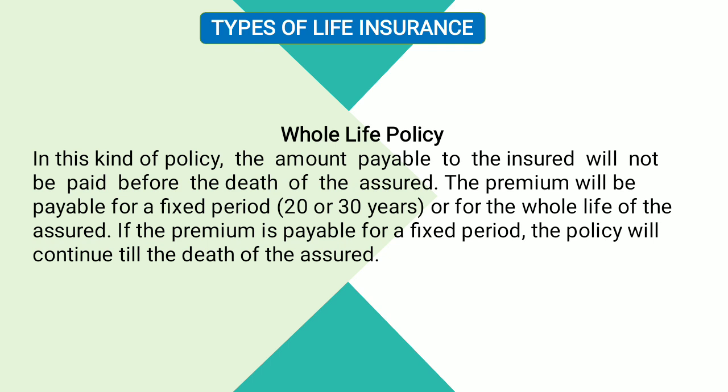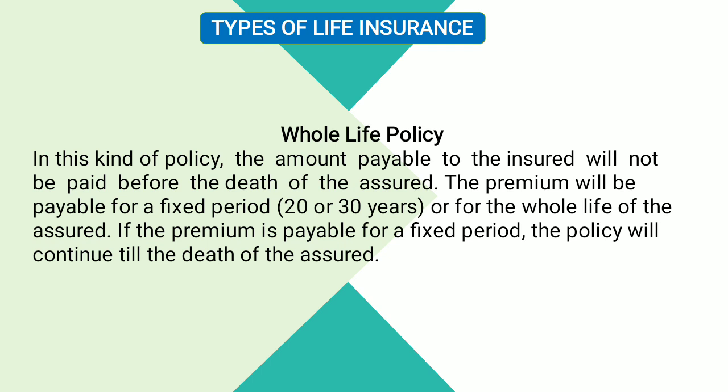In this kind of policy, the amount payable to the insured, the person who takes the insurance policy, will not be paid before the death of the assured. The assured amount is the amount of compensation or the amount of insurance. The premium will be payable for a fixed period, it may be 20 years or 30 years, or for the whole life of the assured. If the premium is payable for a fixed period, the policy will continue till the death of the assured.